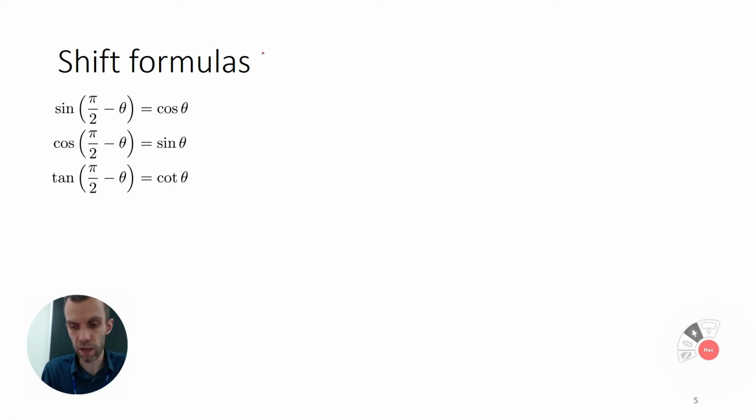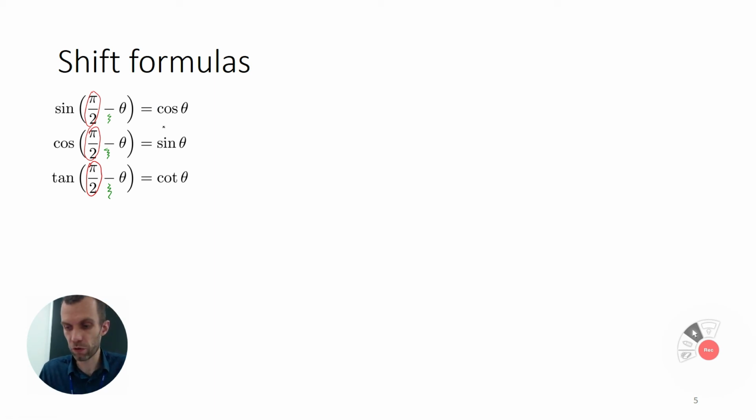except that, again, we're doing something with pi over 2, but now instead of taking plus the angle, we have a minus sign here. And what you see is that the shift formulas are very similar to the original set, but you don't have to account for the minus and the plus.